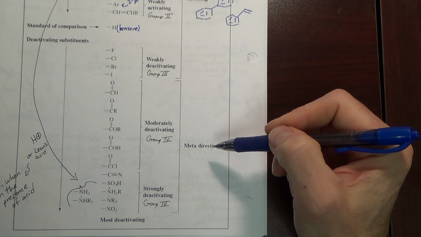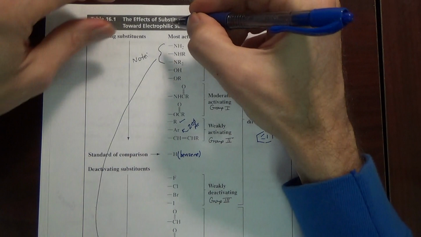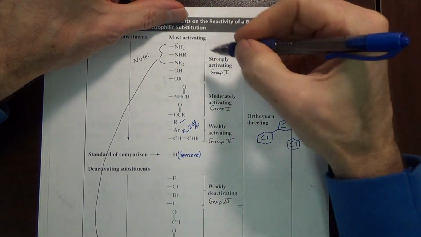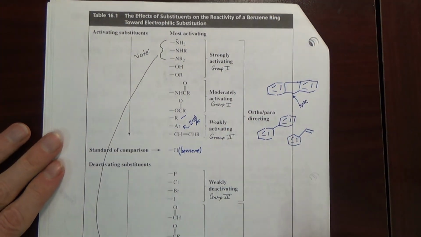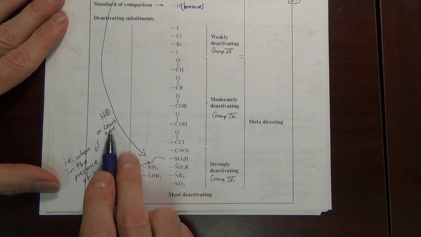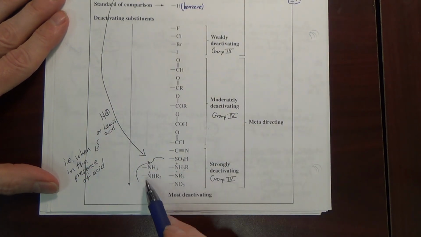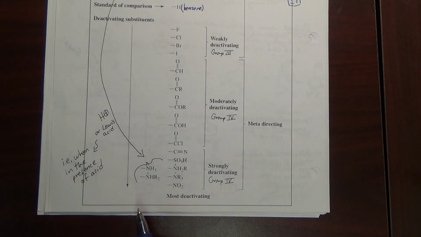Important note. Okay? An NH2 group, or any amine, is strongly activating. But in the presence of acid, either proton acid or Lewis acid, these basic amino groups become protonated or somehow complex with the Lewis acid.